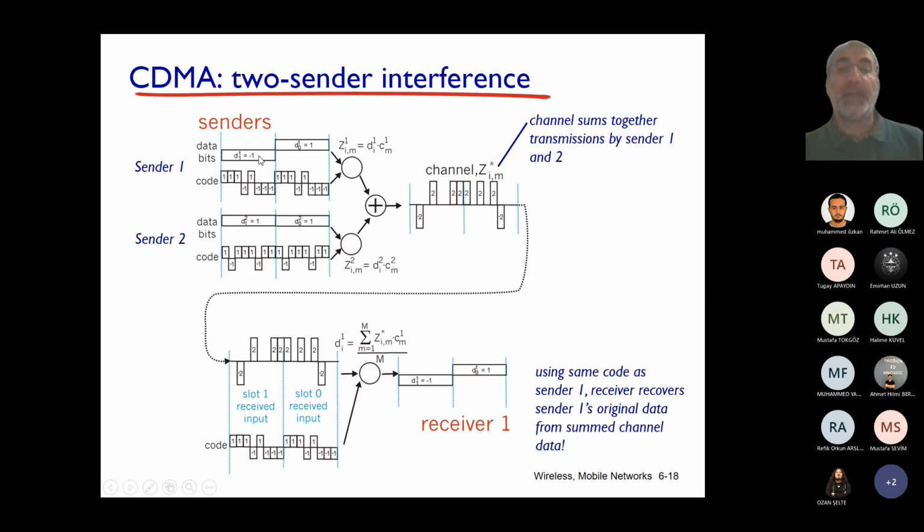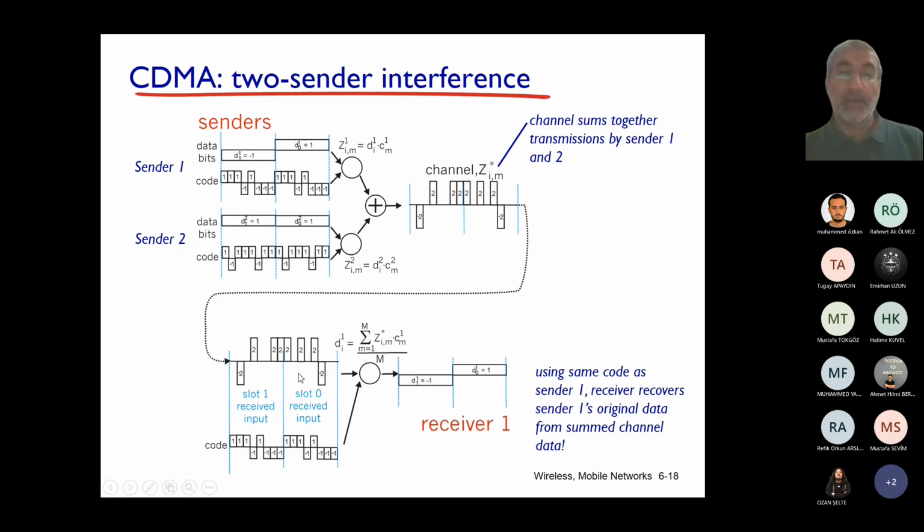As I mentioned in the previous example, you multiply each of these data bits with these chip codes, and then you sum them together, and you end up with this encoded sum of data bits. And then we transmit over the radio signal.